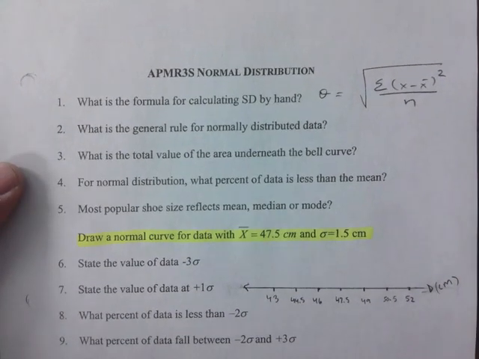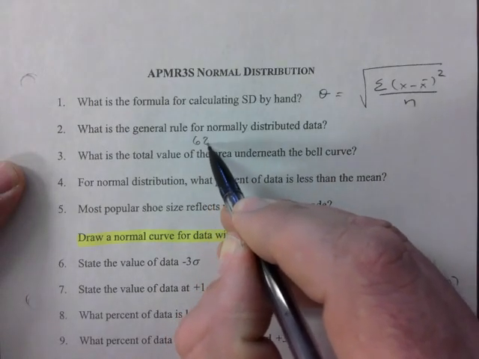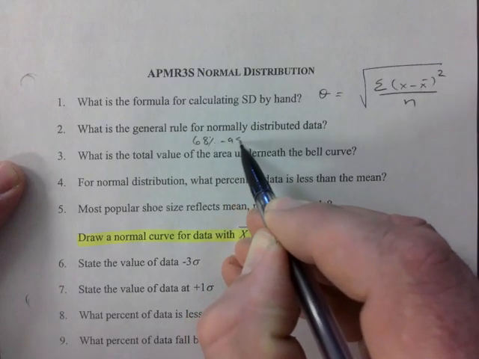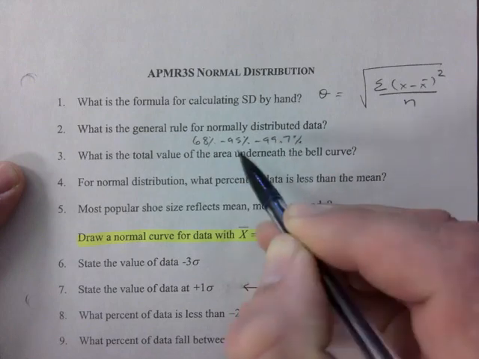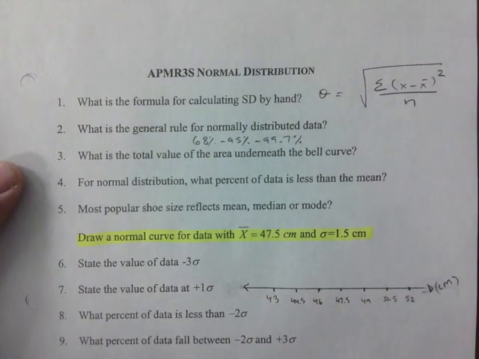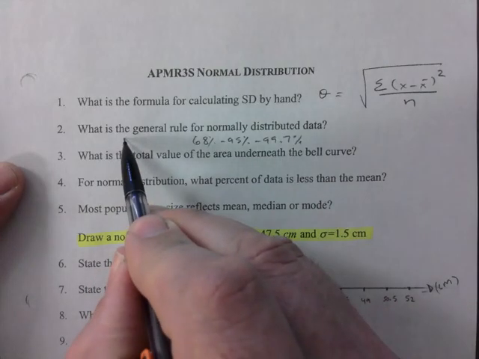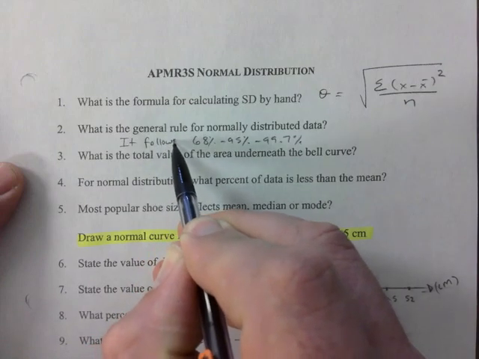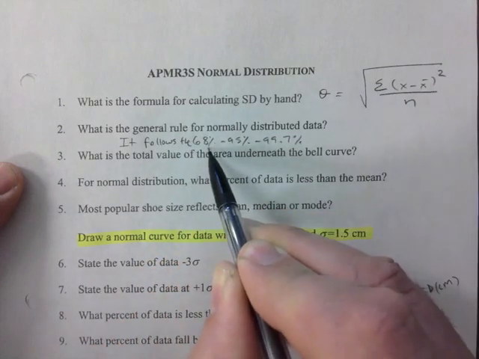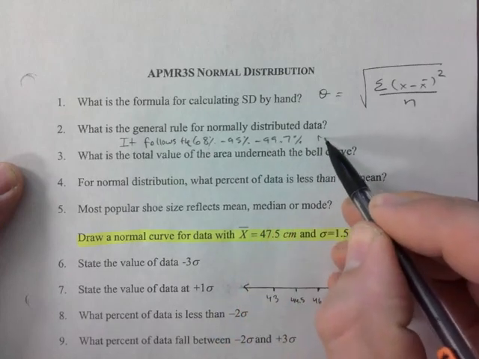Okay. What's the general rule for normally distributed data? It follows the 68, 95, 99.7% rule. If you don't have the percentages next to the numbers, that's fine, right? So to be more specific, it follows the 68, 95, 99.7 rule.